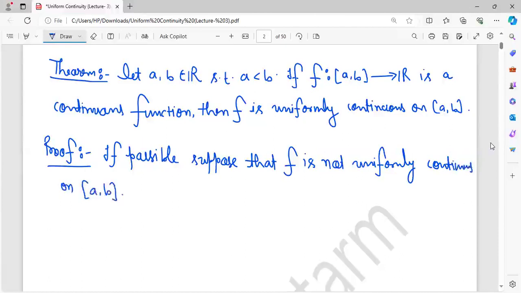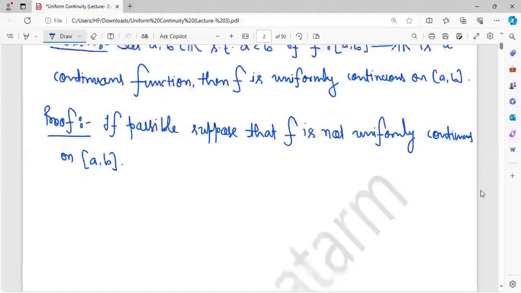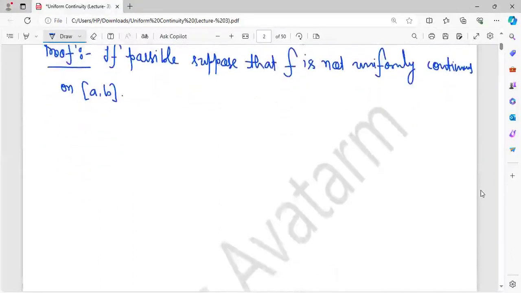So what does it mean? We will prove this theorem by contradiction. We are assuming that the function is not uniformly continuous. We will prove that this produces a contradiction, then our theorem will be proved. By the last class theorem, if f is uniformly continuous, then for two sequences in the interval whose difference tends to 0, the image sequences' difference also tends to 0. Now here f is not uniformly continuous.